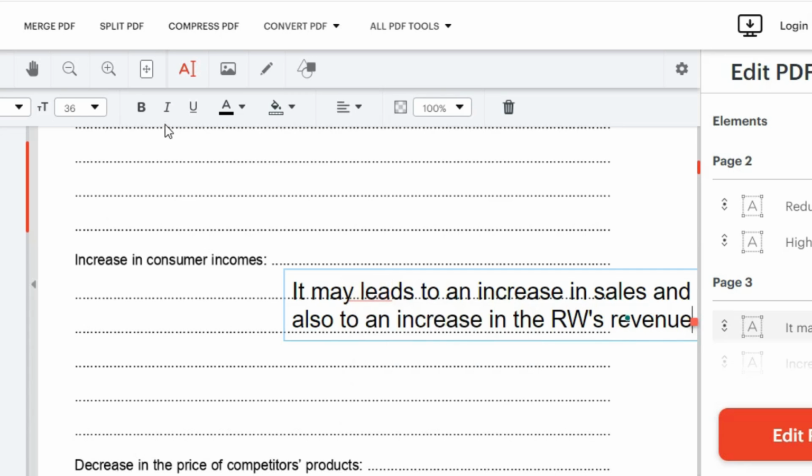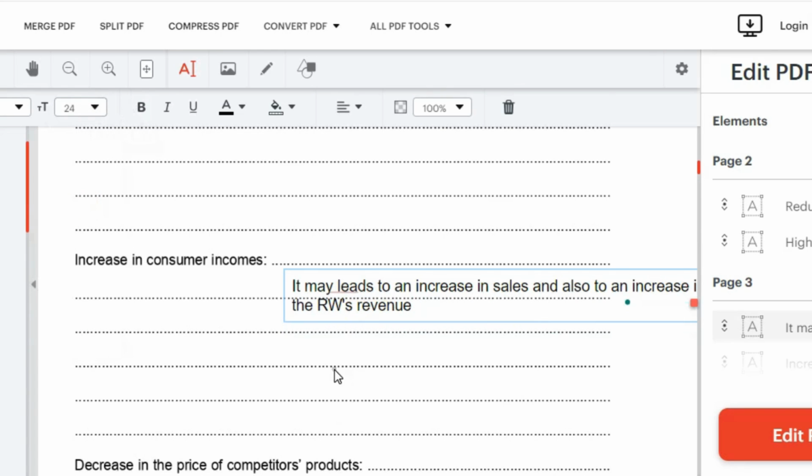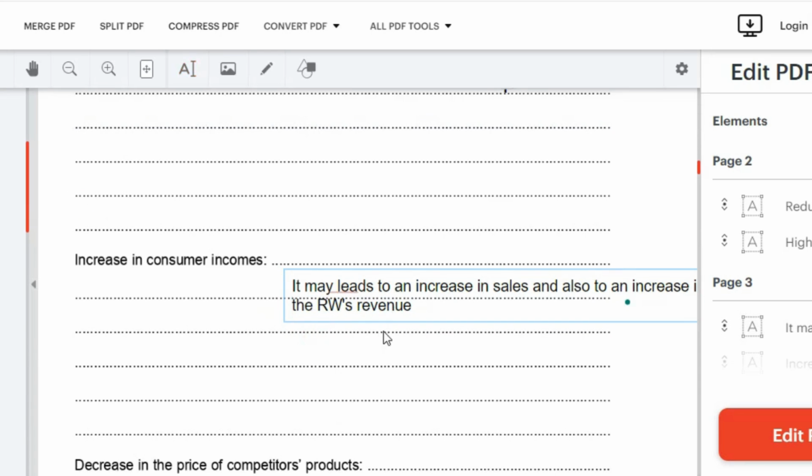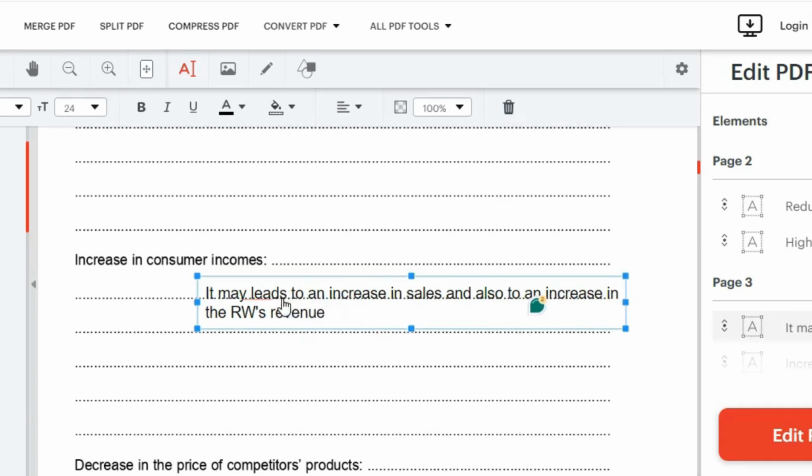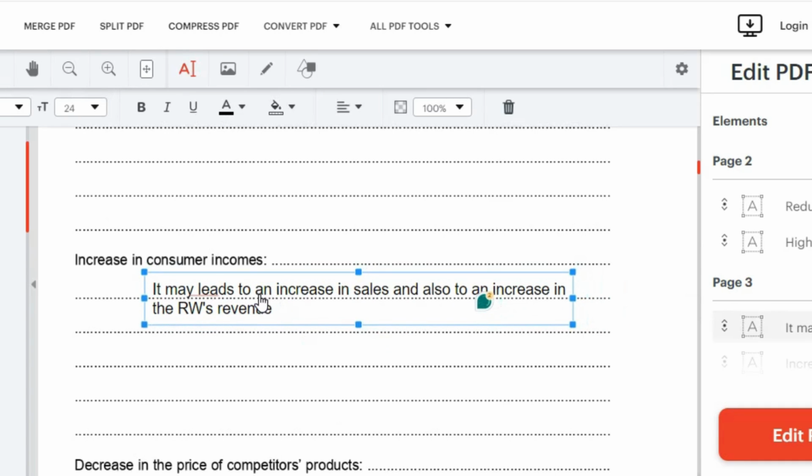We have to reduce this to have our space here. Now let us drag it. Now it may lead to an increase in sales and also to an increase in the revenue of RW as the company.